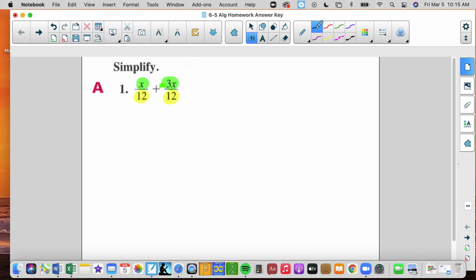So since we have like denominators, we're going to put the numerators together in the numerator. And if they are like terms, which they are in this case, they are both x to the first, we can combine their coefficients. When we have like terms, we combine their coefficients. 1x plus 3x gives us 4x over 12.